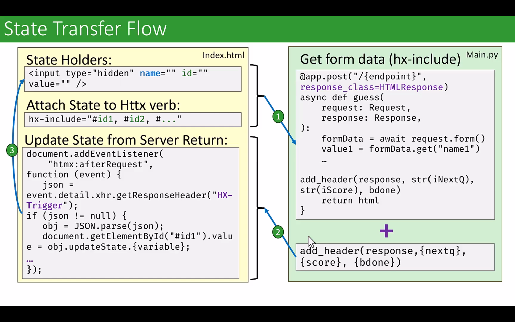One is going to be the name that shows up in your Python or other backend code inside the form, because that's the way HTTP works. And the other is the ID that allows JavaScript things like HX to do a getElementById and go get the value. Make sense?